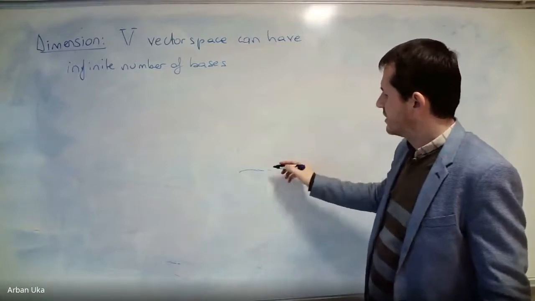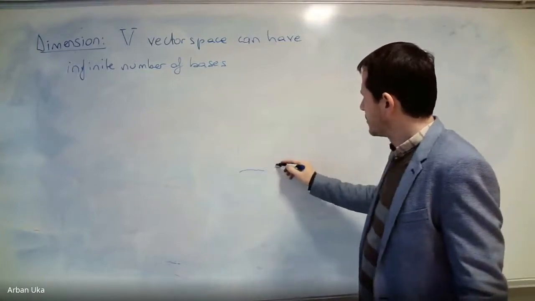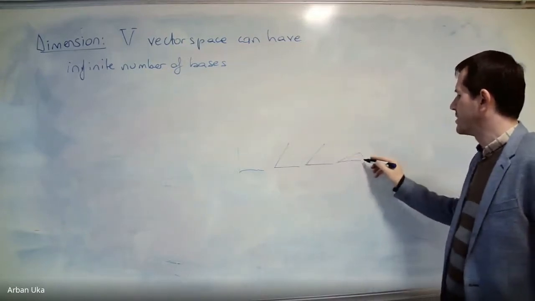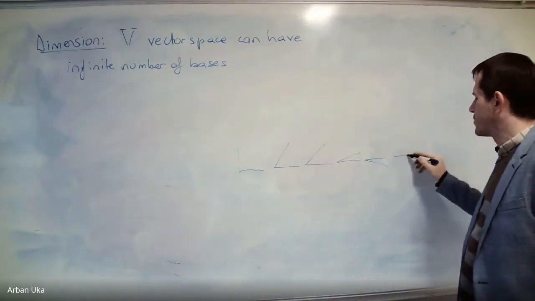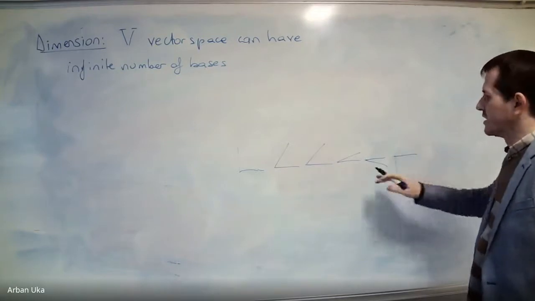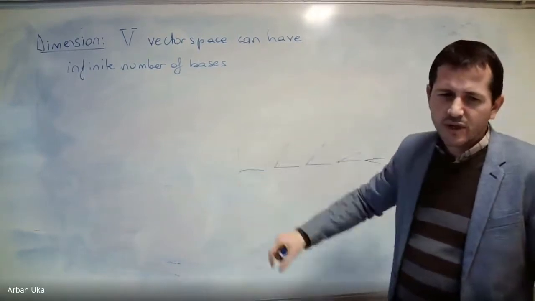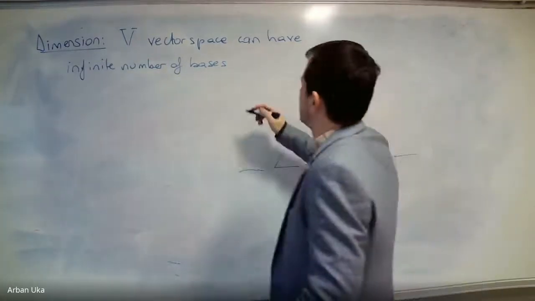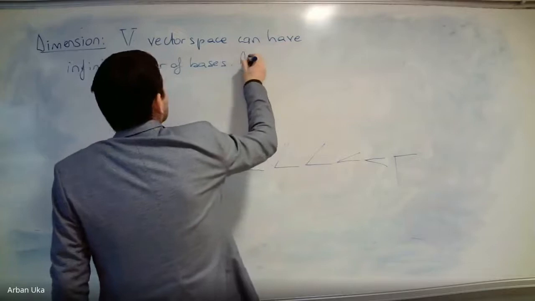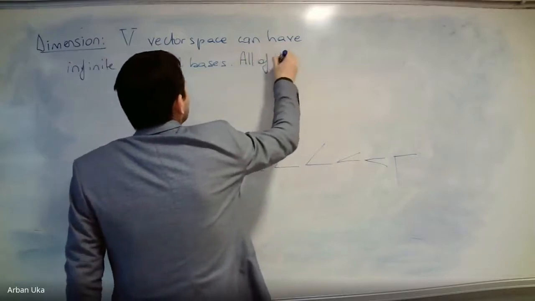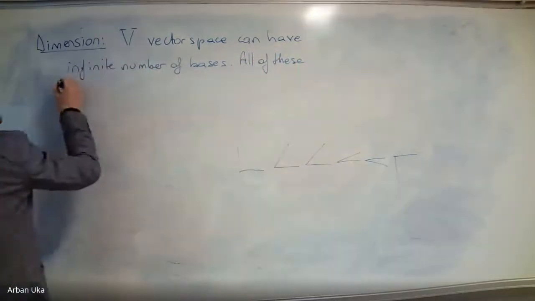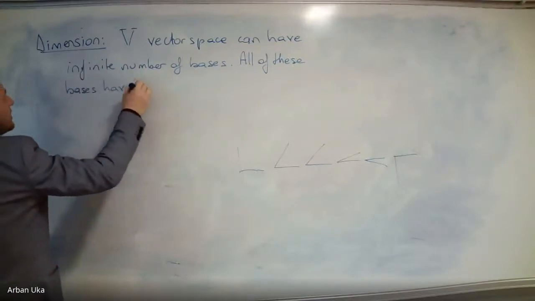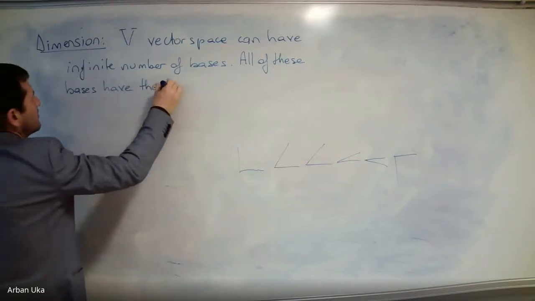Then this one is also a basis for R squared. Then this one is also. Then this is also. This is also. So you know that this is also a basis. So if you change this angle by 1 degree or half a degree, you have a new basis. But all of these bases have the same number of vectors.